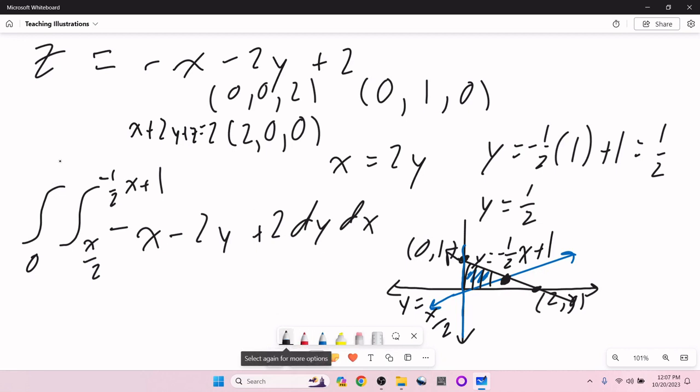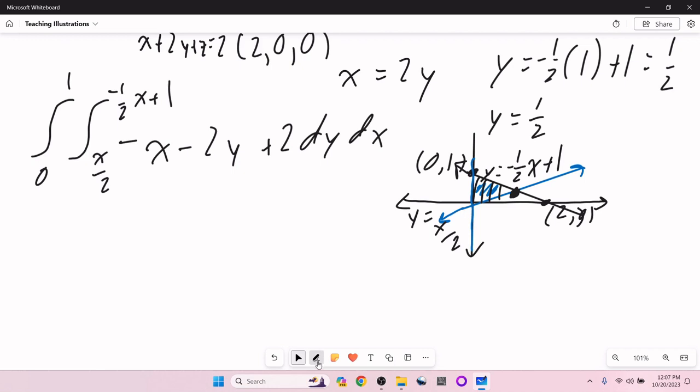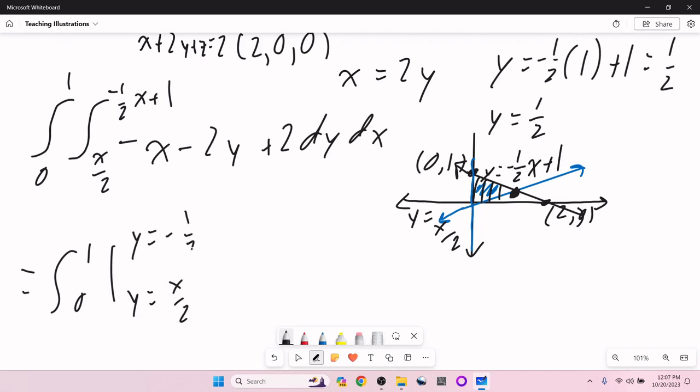So x equals 1. You just set these equal to each other and solve it. I just did a guess and check. Okay, so we get 0 to 1, and then y from x over 2 to -1/2 x plus 1.